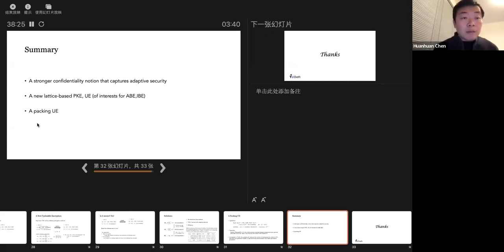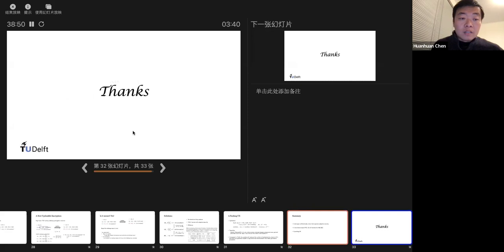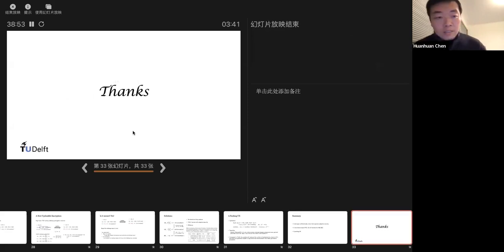We also propose a packing UE to further improve the efficiency of UE. And I think updatable encryption schemes have many applications. Maybe it can also be applied to the ABE and IBE schemes. Okay, that's my talk.